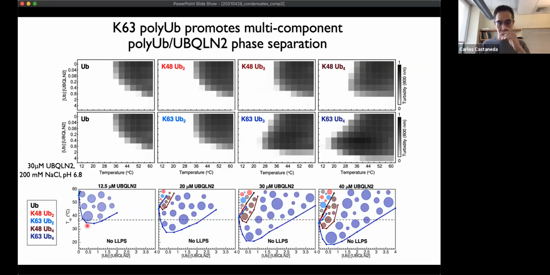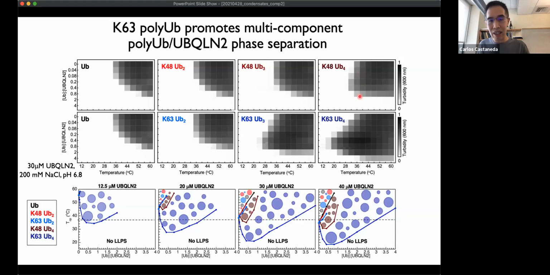We quantify this further using these turbidity assay experiments. I'm illustrating for you here a lot of work that Iran did, whereby she was showing how when we add, we'll focus here on tetraubiquitin K48 UB4, you can see how this phase behavior is eventually gone, just decreasing the phase behavior.